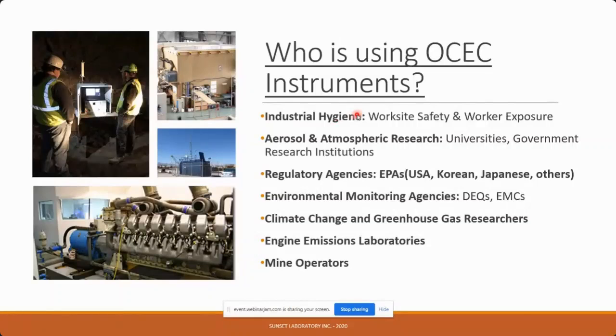Aerosol and atmospheric research institutions such as universities and government research institutions like to use this equipment for ambient measurements. We're used in a lot of chamber studies as well, for people who know the total aerosol carbon concentration.